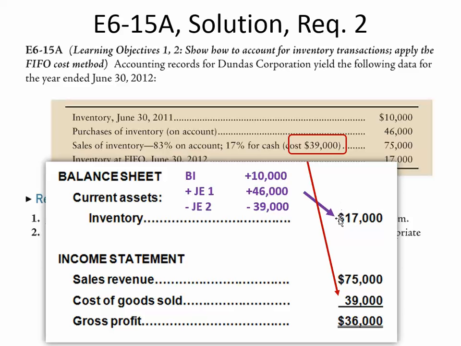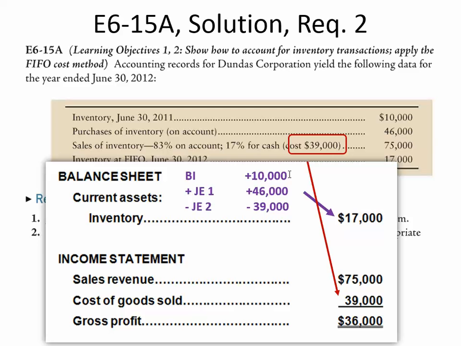How do I get my 17,000? I'm going to take my beginning inventory of 10,000. They give me that in the table. That's the very first number. Then I'm going to add the debit I had to inventory in the first journal entry I did of 46,000. Then the second journal entry we did just one or two slides ago, we had a credit to inventory for 39,000.